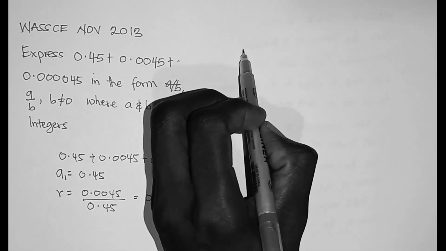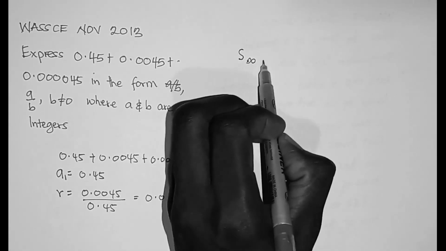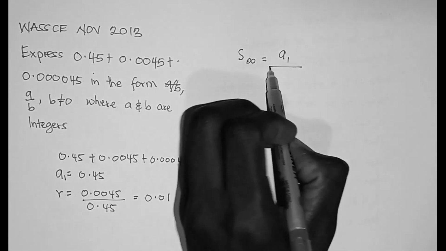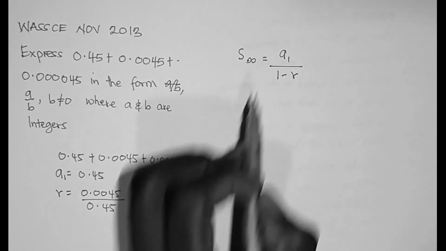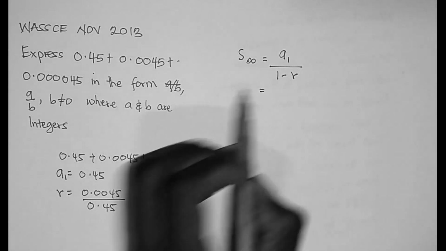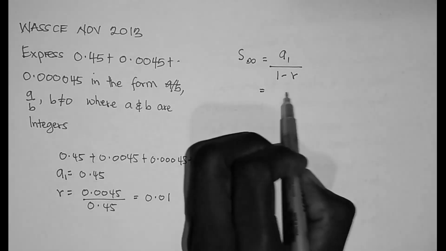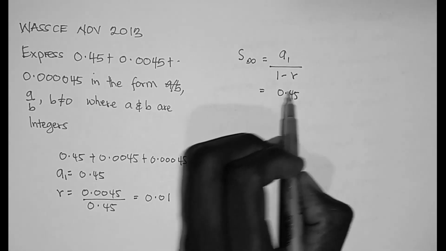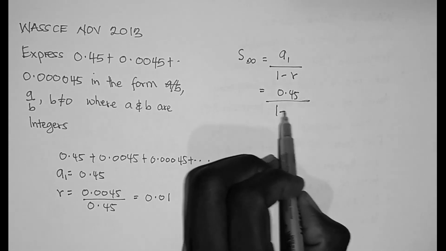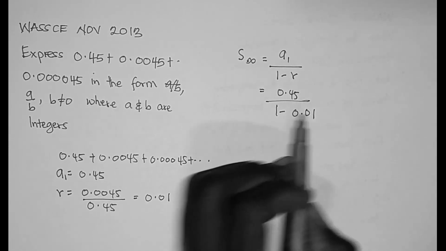So the sum to infinity is equal to the first term a1 divided by 1 minus the common ratio. So a1 is 0.45 divided by 1 minus 0.01.